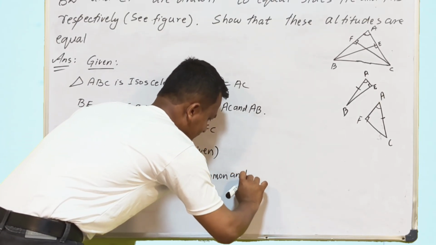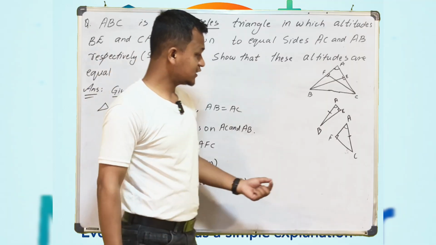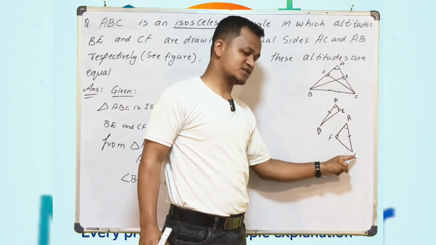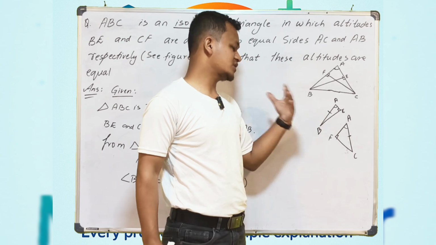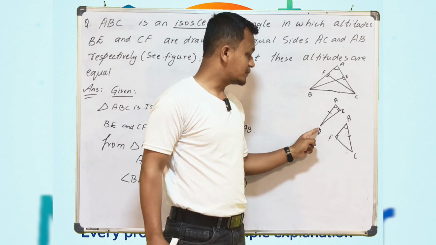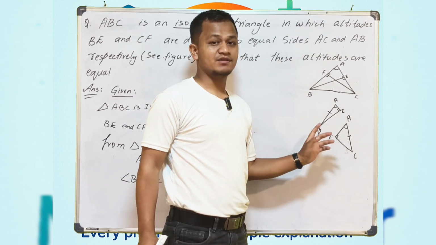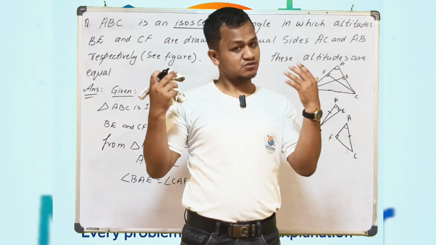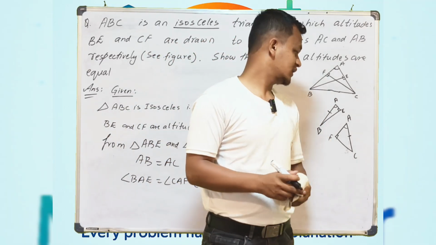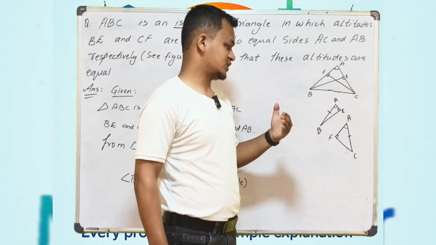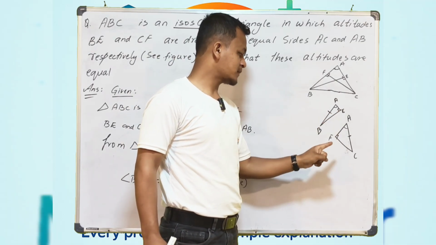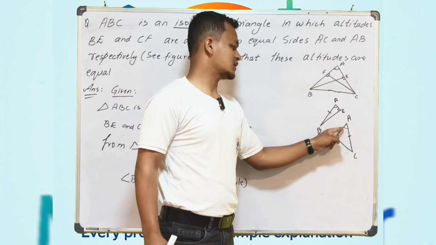Then we also have angle AEB and angle AFC equal to 90 degrees each. The reason you can give is that BE and CF are altitudes, and like I have told you before, an altitude is a line which makes 90 degrees with the line on which it is incident. So BE makes an angle of 90 degrees with AE and CF makes an angle of 90 degrees with AF.